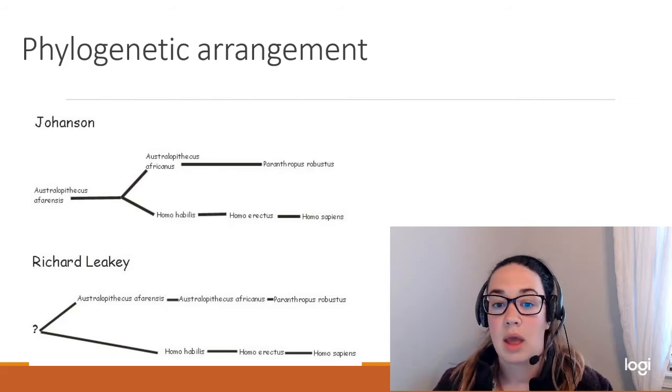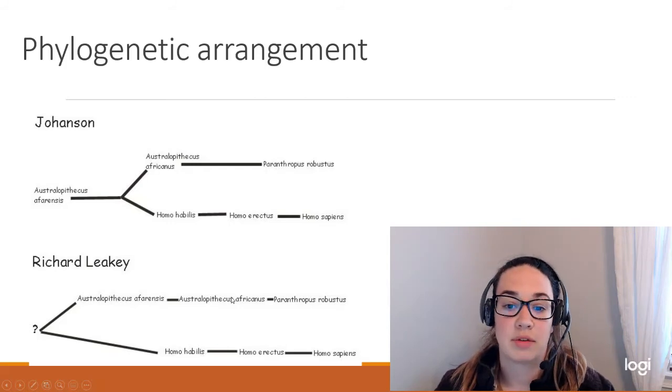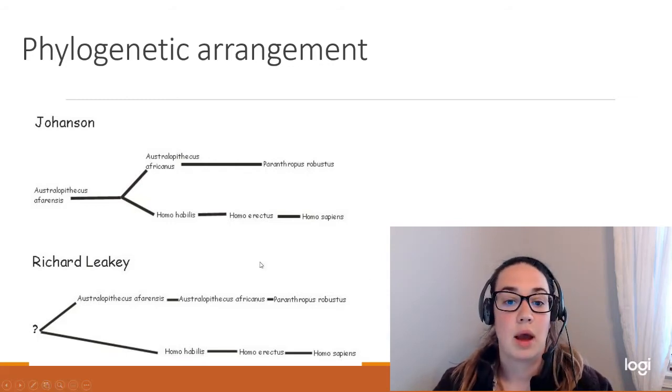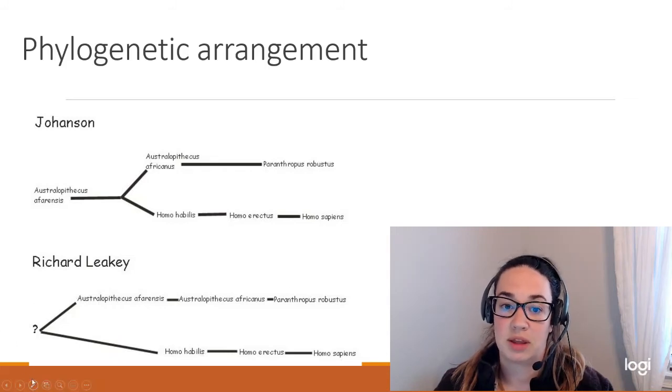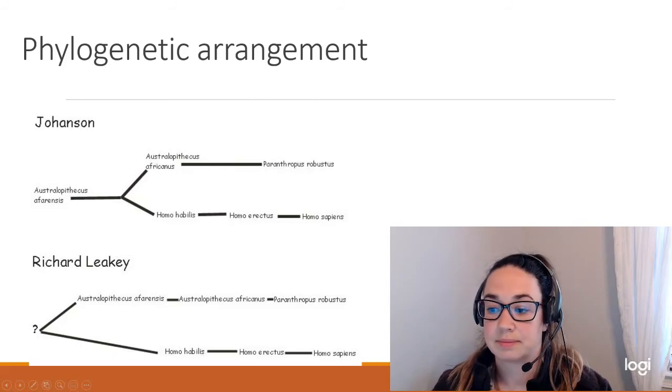And so obviously after that, their phylogenetic arrangement looks pretty similar. So Paranthropus robustus, Homo habilis, Homo erectus, Homo sapiens, those all look pretty much the same after that. But that's just the one feature they're not quite sure of, if there was someone before Australopithecus afarensis.